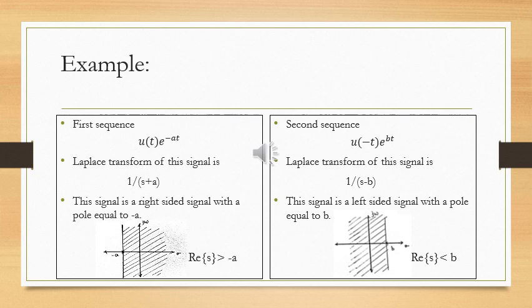Again, the ROC is obtained by equating the denominator to 0. Now in this case, the pole is equal to b. And since we are dealing with a left-sided signal, we write real of s less than b. Now when we combine these two signals together, what will be the ROC?